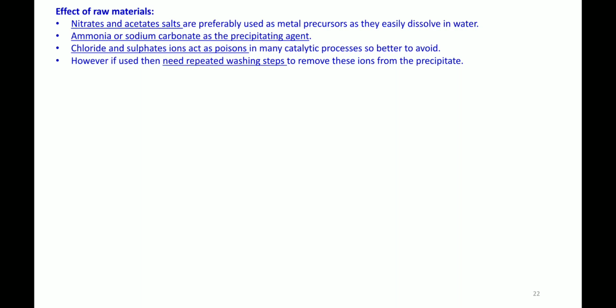Now, chloride and sulfate ions act as poisons. These metal precursors are also available in the form of chlorides and sulfates, but they are poisonous in nature in many catalytic processes.